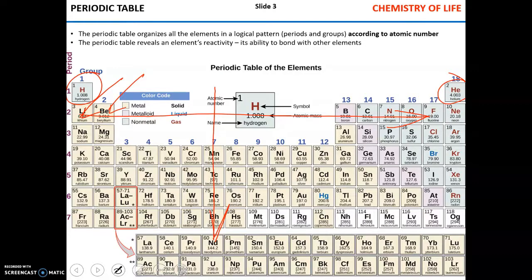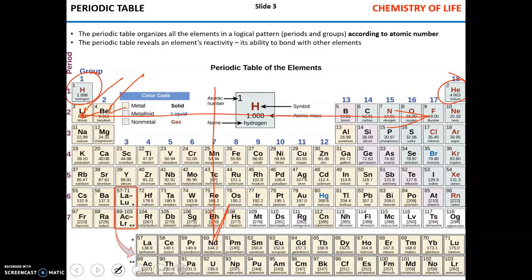So why do we arrange elements in this particular way? Because the number of protons in the nucleus, or atomic number, corresponds to the number of electrons and corresponds to the reactivity of the element, its ability to react with other elements, forming molecules and or compounds.